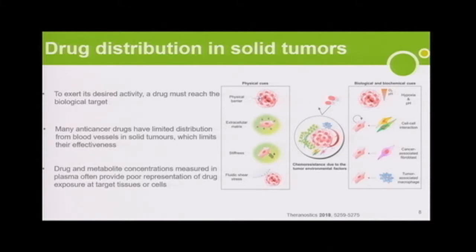This limitation is due to some physical cues that could be a barrier for the penetration of the drug, like the physical barrier of the extracellular matrix that normally is more dense, or biological and biochemical cues like hypoxia or the pH value that is different between a tumoral cell and a normal cell. The chemoresistance is due to the tumor environmental factors, obviously, but also to the structure of the drug that we are using.